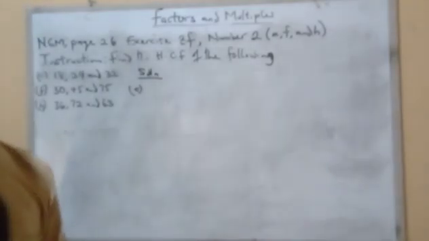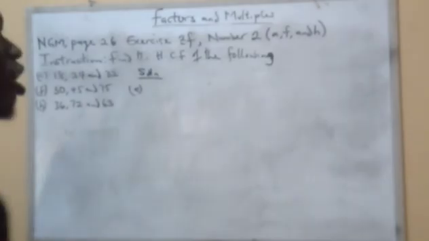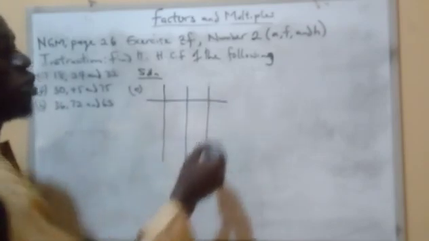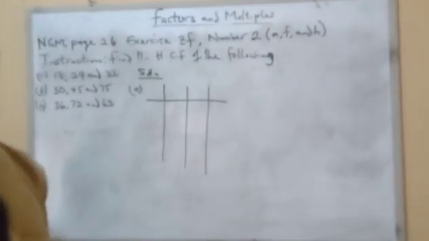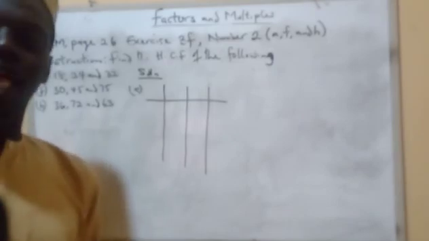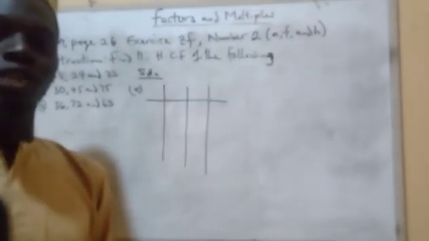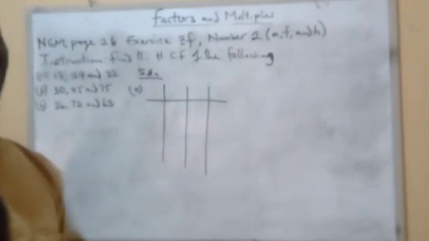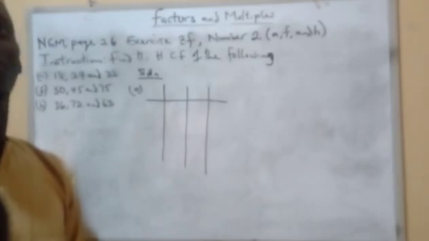It is also called the factor method, but it is mostly used in LCM, lowest common multiple. We'll be talking about that when we get to multiples. But we can also use this method to find the HCF of two or more numbers. The only thing is that the conditions will differ from that of the LCM.